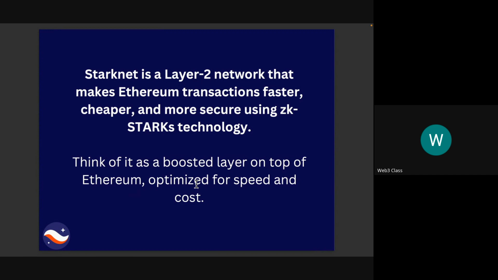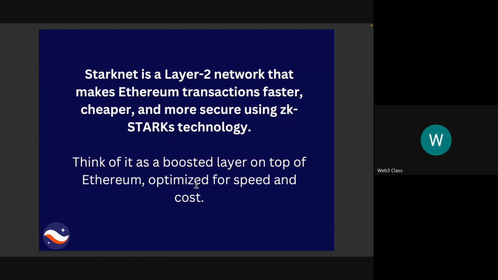How are they doing this? How are they making transactions faster? How are they making transactions cheaper? It's because they're using ZK Stack technology. This technology helps in batching and bundling transactions, and generating proofs that are very, very small in size. Because these transactions are batched together, the gas cost becomes very small.